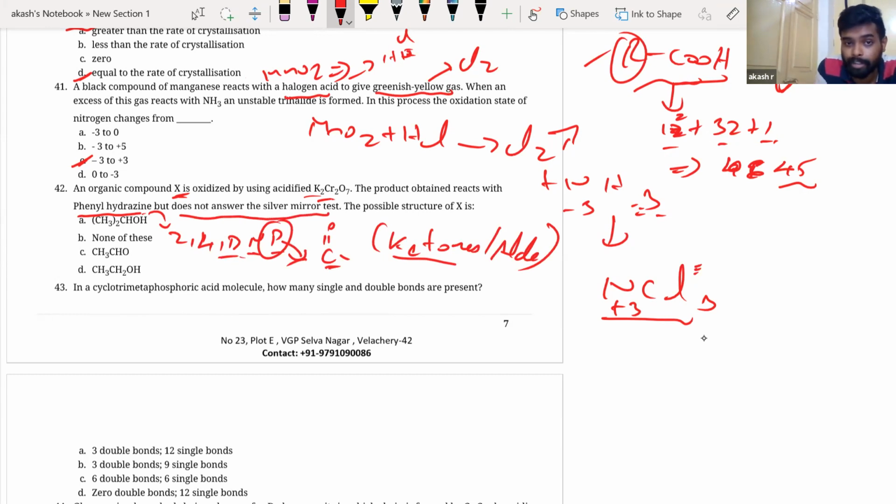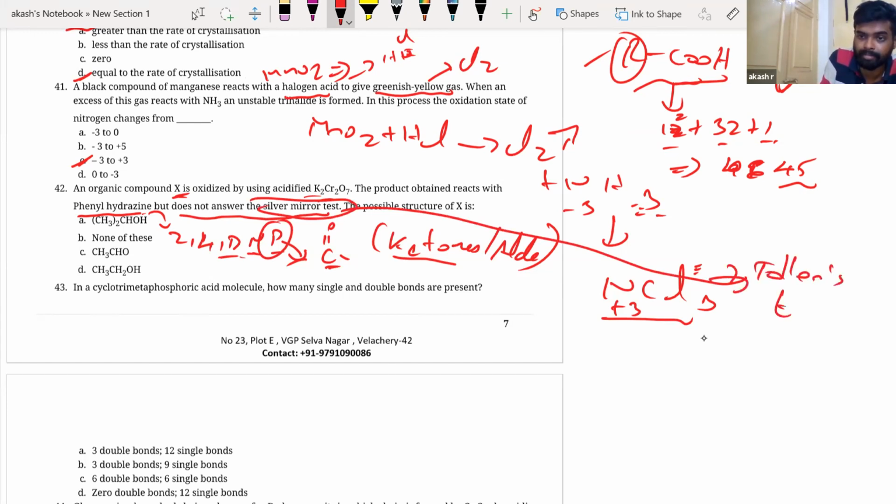So what is silver mirror test? Silver mirror test is nothing but your Tollens test.